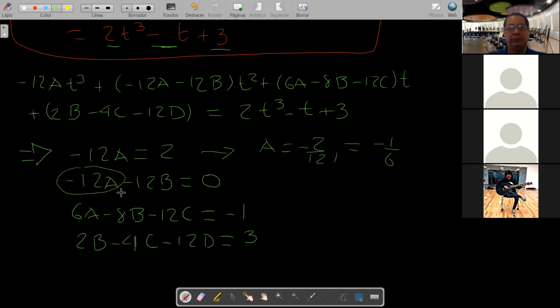So 2 minus 12b is equal to 0. And from here, we can see that 12b is equal to 2. So b is equal to 1/6.